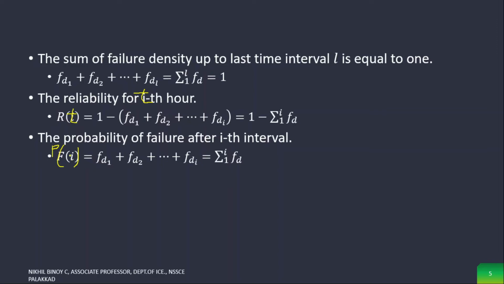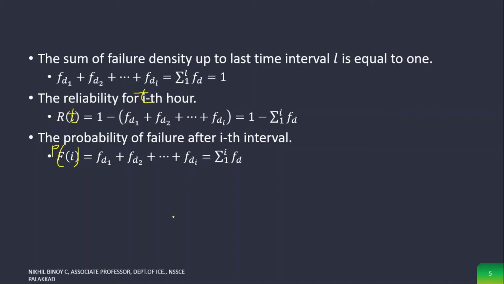I told you if delta t is equal to 1, then both I and t are the same. So probability of failure after the tth hour, P of f of t, is equal to sigma 1 to I fd. This is the probability of failure after the ith interval or tth time. Both are the same, I equal to t.